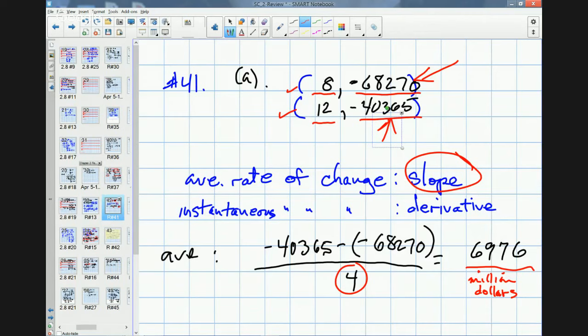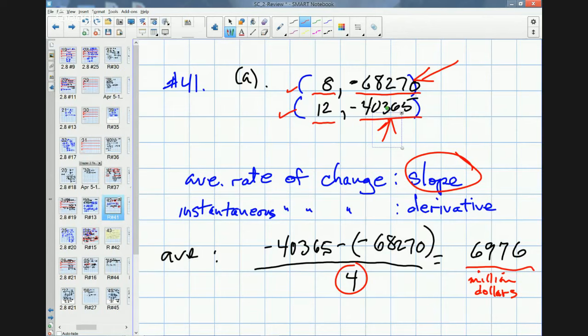Okay, now what about part B? Let's at least talk about it. Part B says, find the instantaneous rates of change for the model in those two years. So now what do I need to do? Average rate of change, just good old slope. Instantaneous rate of change, we've got to find the derivative.